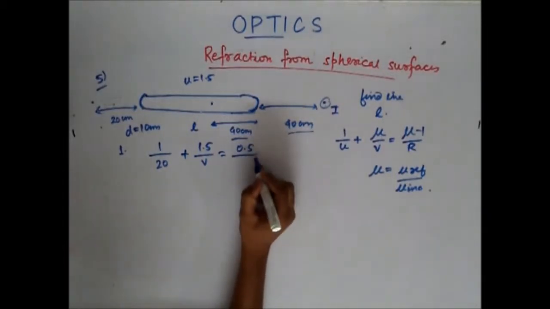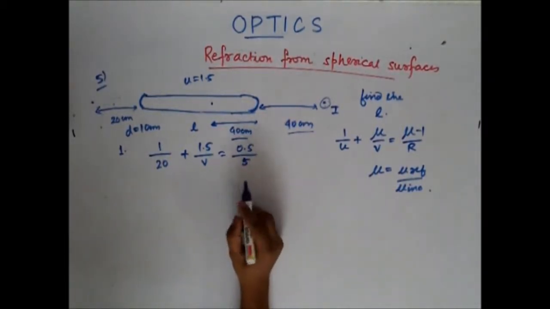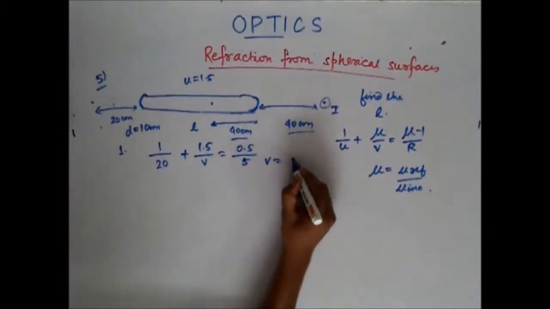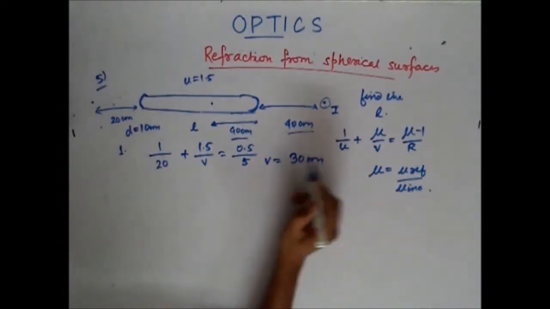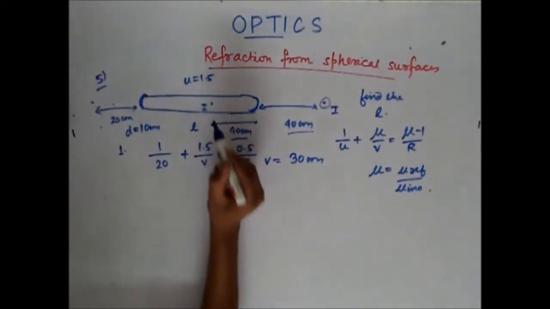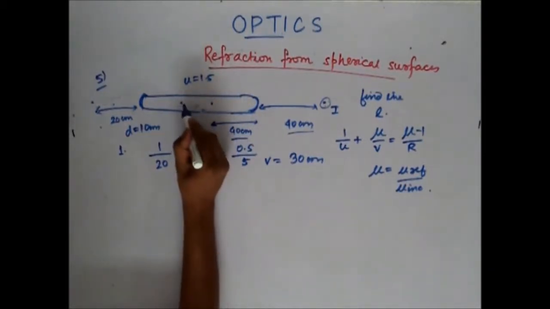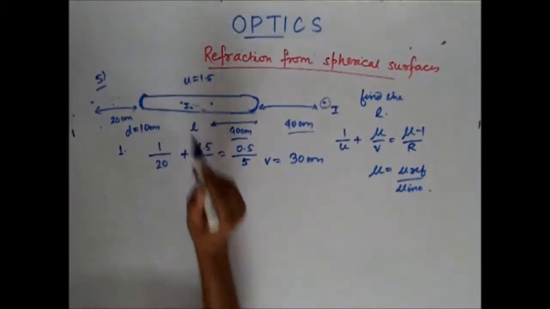R is what? R is the radius of curvature. The diameter is 10, the radius is 5. So if you solve this, you will get V as 30 centimeter. So the image formed by this surface is somewhere here. So this is my intermediate image.